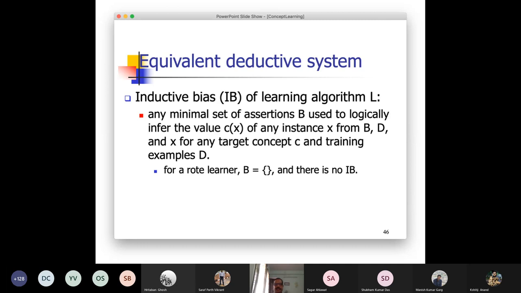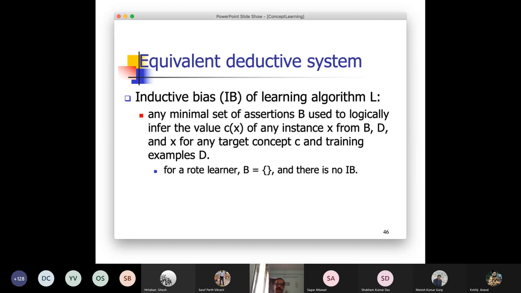For any learning algorithm, inductive bias is a minimal set of assertions. These constraints are put in the form of assertions, which could be predicates, or Boolean expressions for satisfying certain things, or certain statements like the target function should be in the hypothesis space. That is also an assertion. Or the form of the hypothesis would be like this. That is also an assumption.